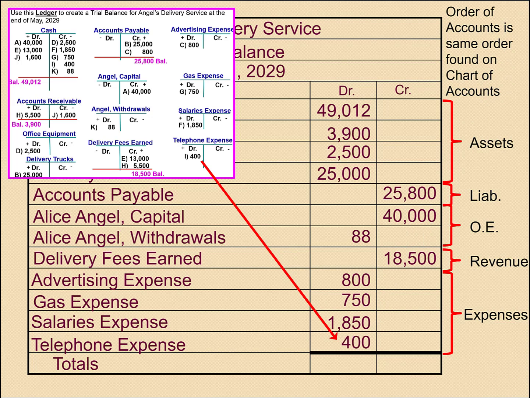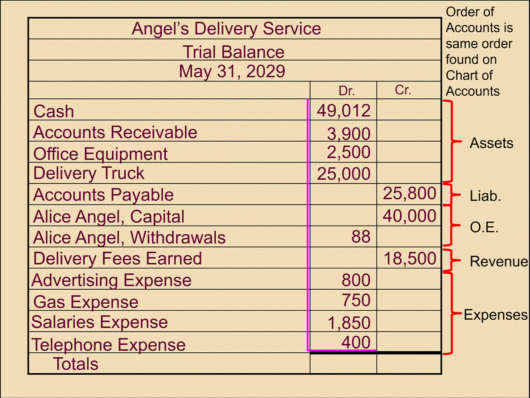And then the last thing we have to do is add up our debits. So 49,012 plus 3,900, 2,500, 25,000, 88, 800, 750, 1,850, 400 equals 84,300. Then we add up our credits, 25,800, 40,000, and 18,500.